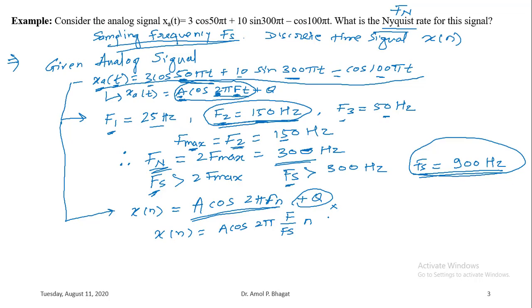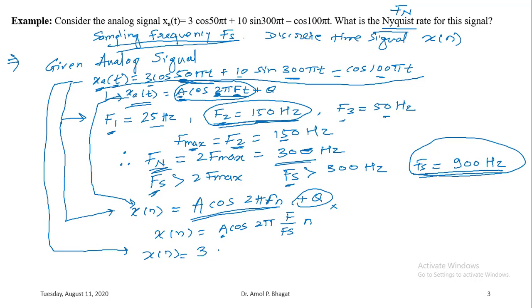So if you compare with the given analog signal, because this x of t we have represented in a discrete version like this x of n, if I want to represent this given x of t as x of n, I can rewrite this equation as what? In the case of a, there is 3, in place of cos function is there, right? And in place of 2f, that is twice f, right?